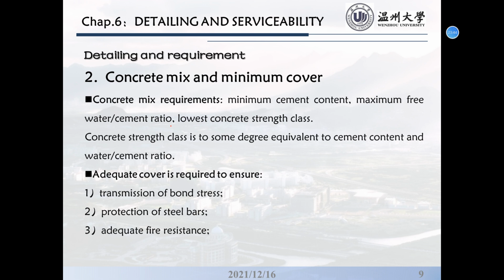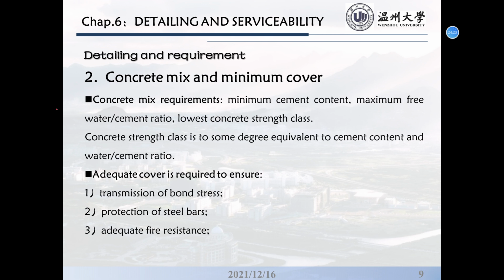But in reality, when you go to the workplace, there is no one to guide you. You need to read several codes or books and use your own experience to make the concrete. So remember, how the concrete is mixed will affect the serviceability behavior of the buildings.